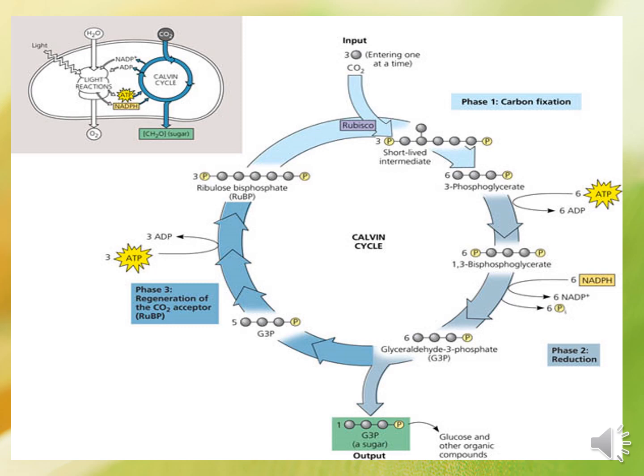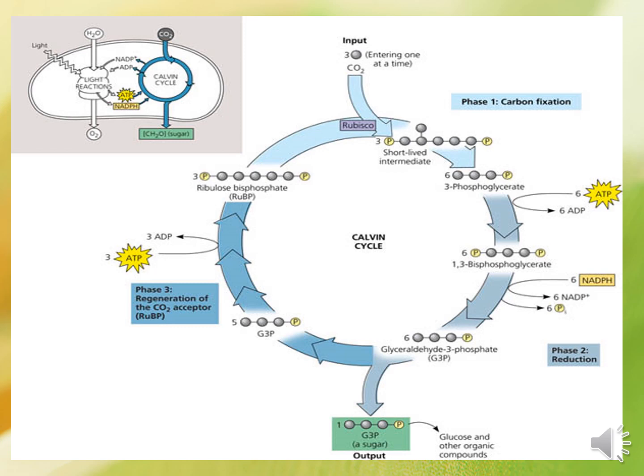In this slide, they show the Calvin cycle illustration, where for phase 1, as I told you, the name is carbon fixation, which means fixing the carbon to the simple sugar. What is that simple sugar?